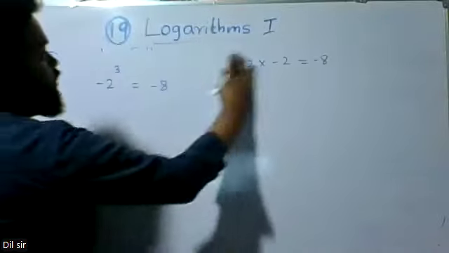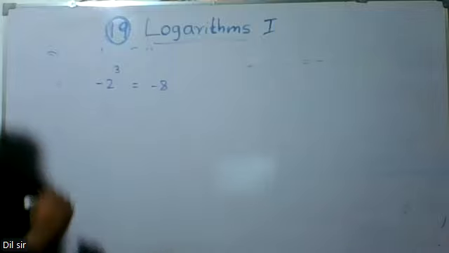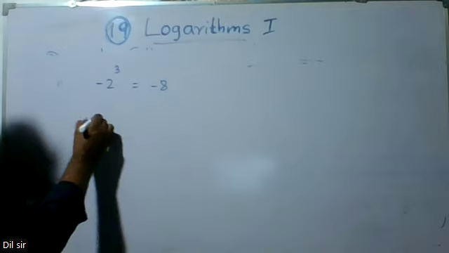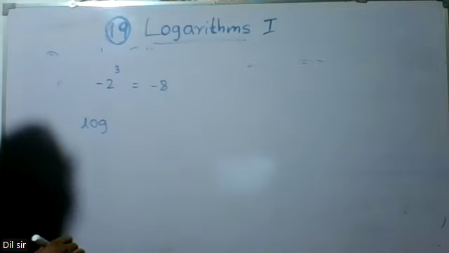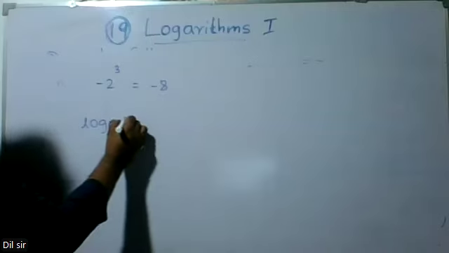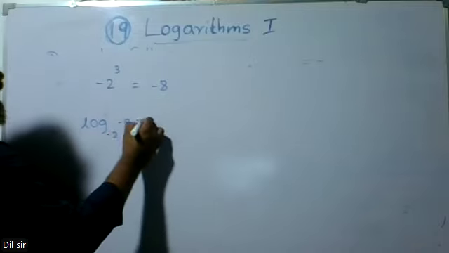So minus 2 to the power 3 is minus 8. If you convert this into logarithm form, the logarithm of minus 8 to the base minus 2 is 3.